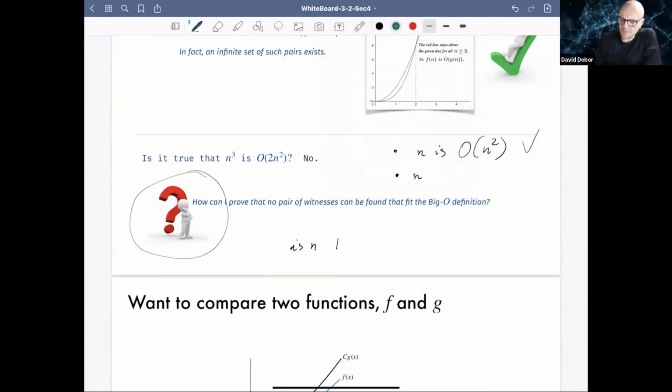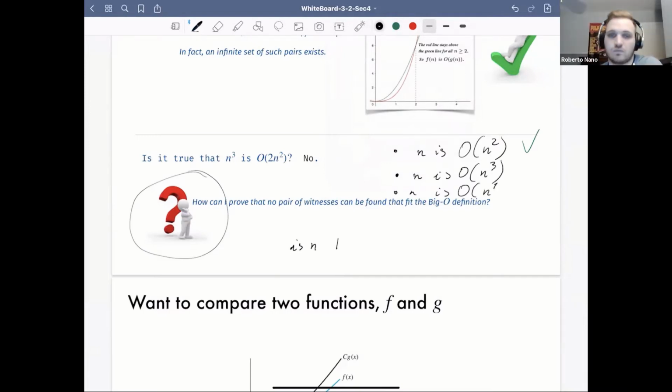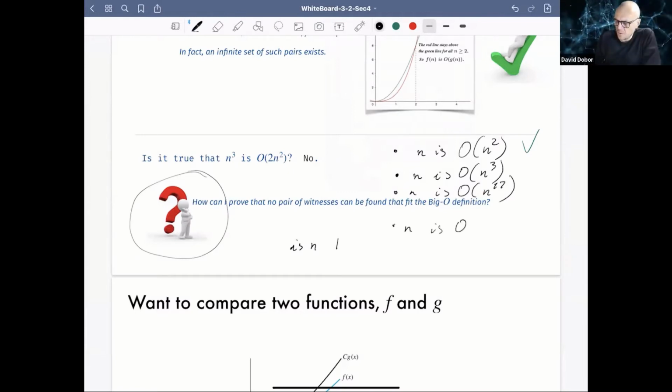And in the following examples, you see that n is also big O of n cubed, right? That n is big O of n to the 17th. And that n is big O of n to the 17.0001, or any other number, just a random number.